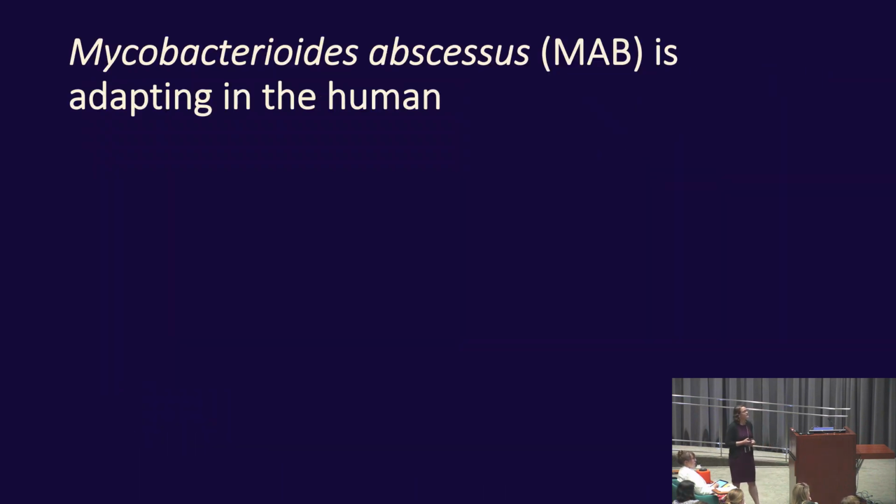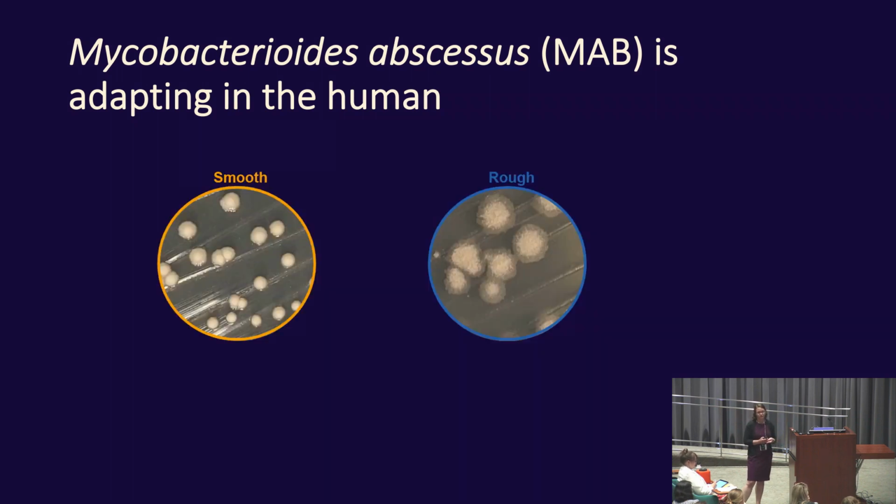And so that's why I started picking up this pathogen, Mycobacterium abscessus. There are three main reasons. When I joined the lab, there were 1,500 publications, so a good environment to start working on. It is an emerging pathogen globally. It's found in your sink and shower heads, and it is adapting to the human in real time. If you grow this bacteria on an agar plate, you find two things.